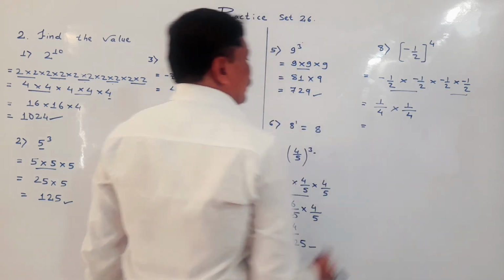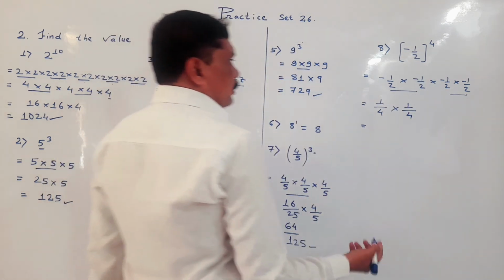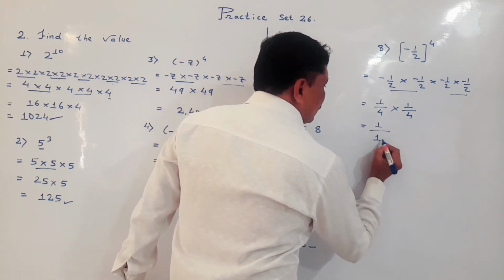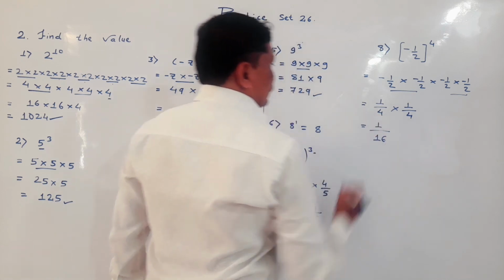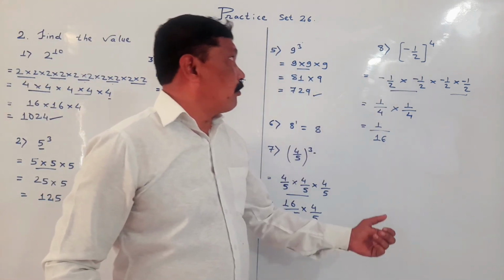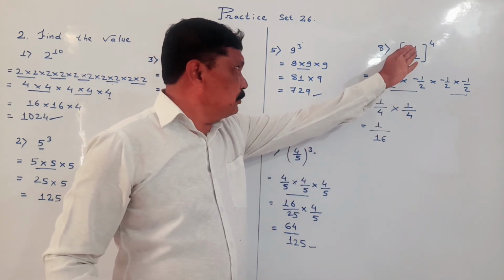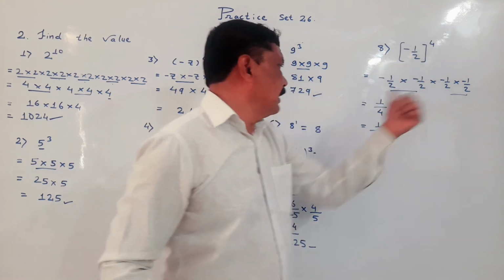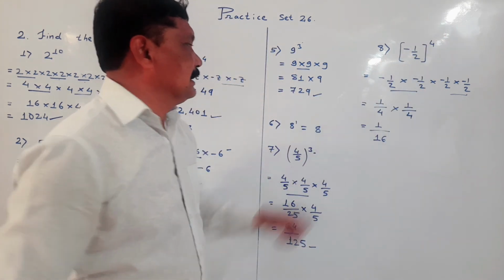So my dear student, now again we'll find out the value. 1 1s are 1 and 4 4s are 16. My dear student, the value of minus 1 by 2 raised to 4 is 1 by 16.